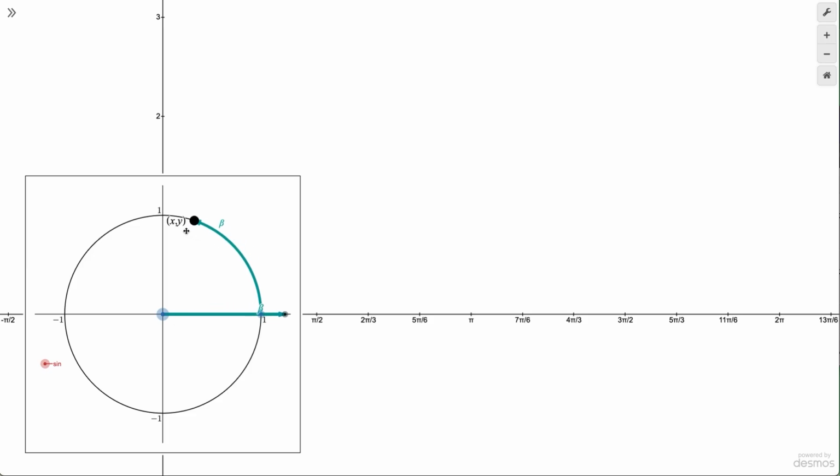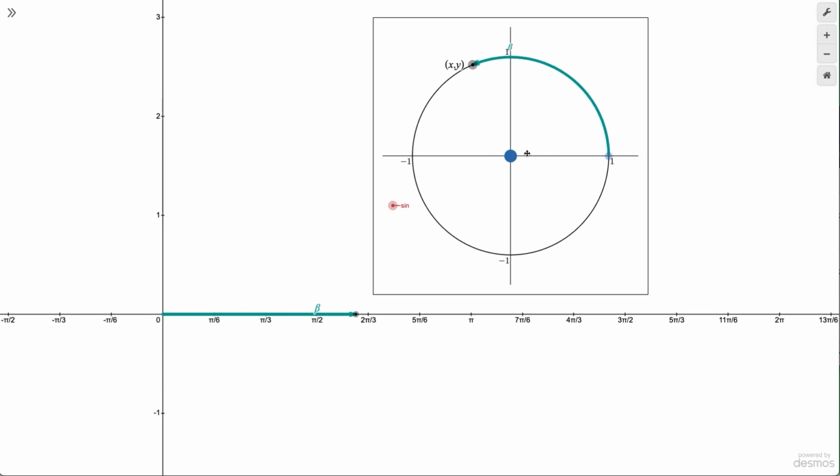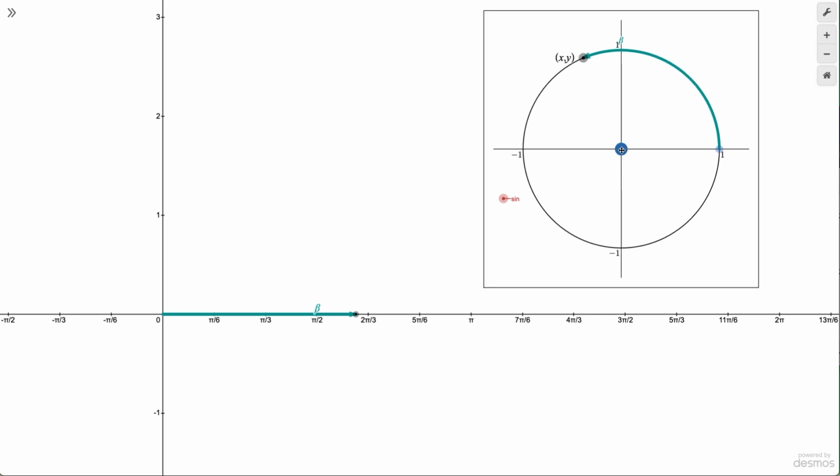And if I increase my beta, then that increases. Now I'm just going to take that unit circle out of the picture so I can see the graph.